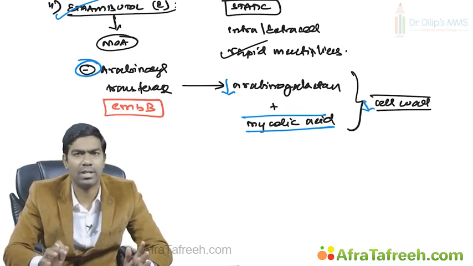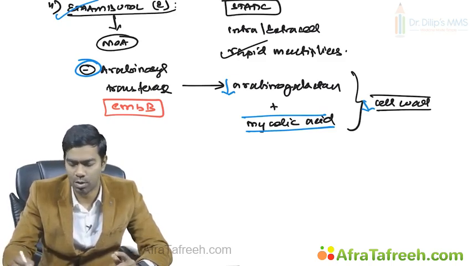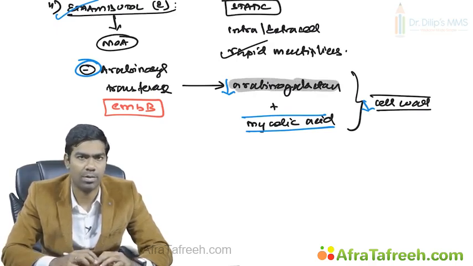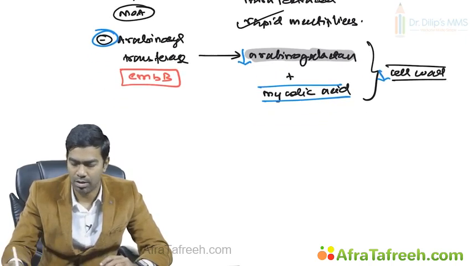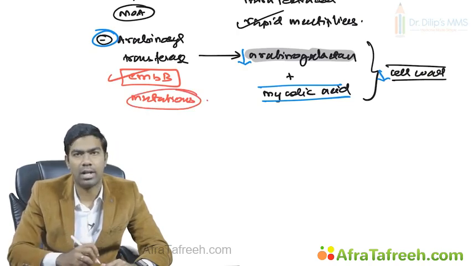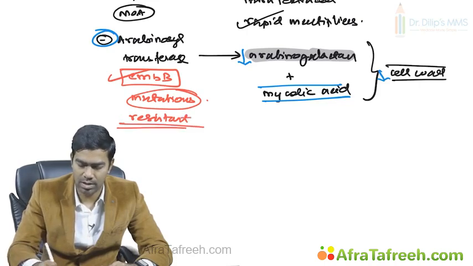Because majority of the ATTs, they are going to act through the cell wall synthesis pathway only. So this is no different anyway. So it's going to reduce the arabinogalactan synthesis by inhibiting arabinosyl transferase enzyme. So the mutations will usually happen in the EMBB gene, and these EMBB gene mutations are the ones that are going to result in resistance to ethambutol.